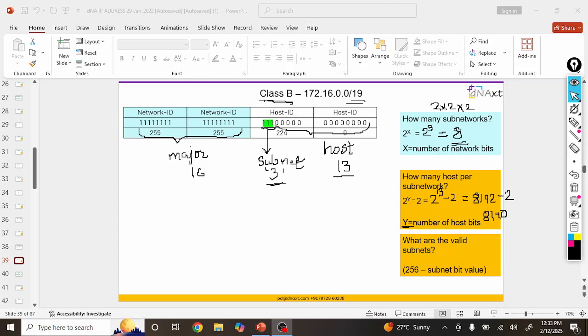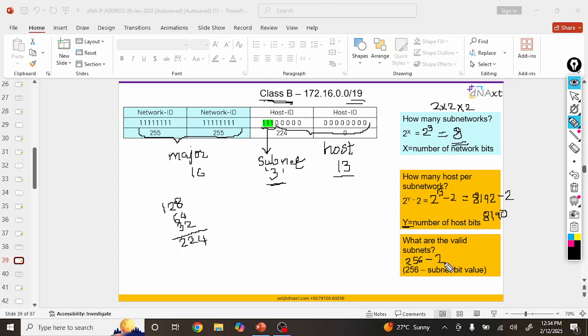What are the valid subnets that we will get over here? We will get 256 minus the subnet bit value. What is the subnet bit value? Since we have 3 bits on, the first bit value is 128, the second bit value is 64 and the third bit value is 32, so the value is 224.